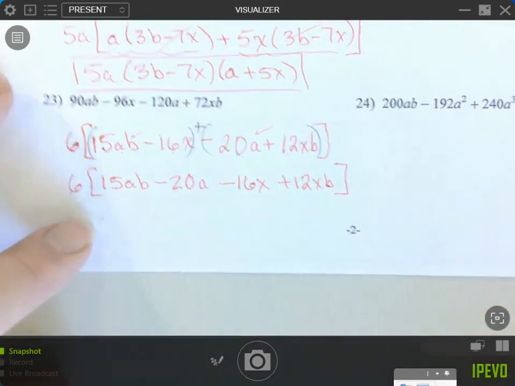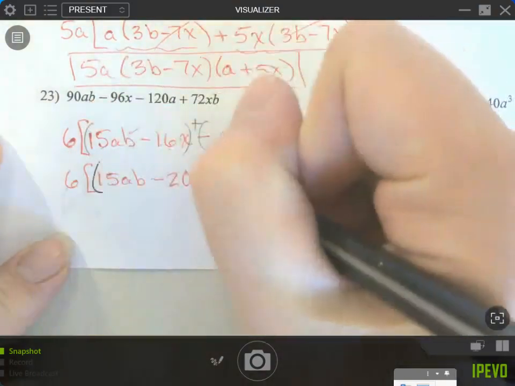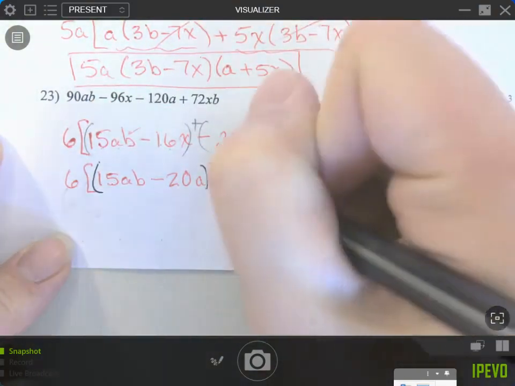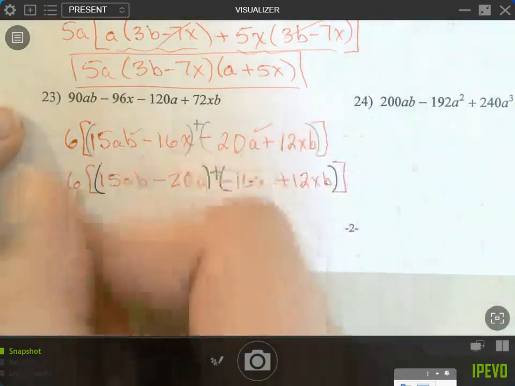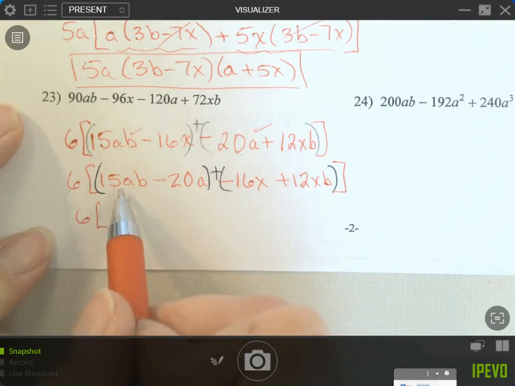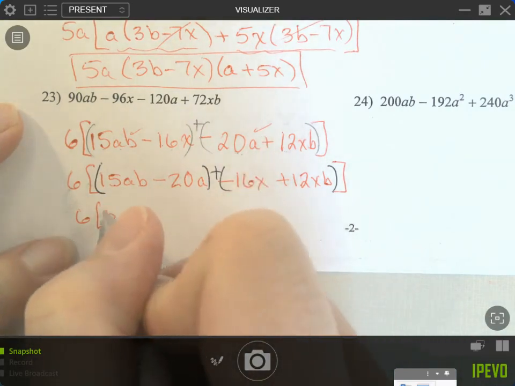All right, so here's how I grouped it. Now, we'll group these first two, group these next two, and I just sort of went with what you told me. So when I go to do this, I'm going to keep that 6. What comes out of these two? A 5A.